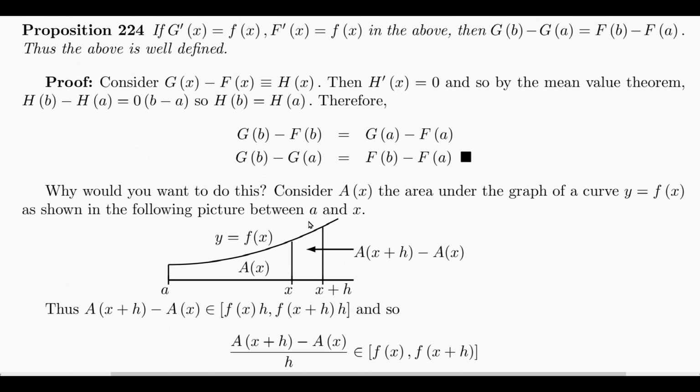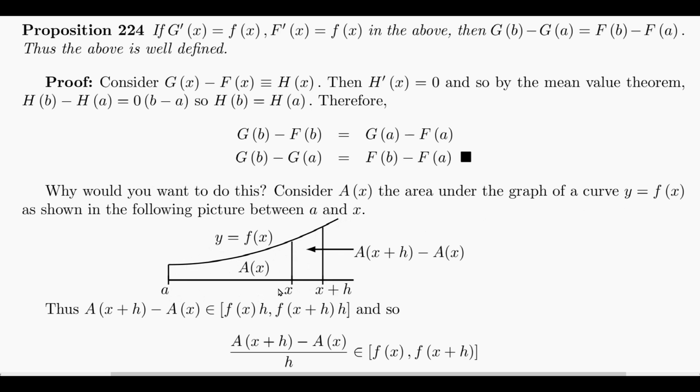Suppose A of x is the area under the graph of a non-negative function, f of x, which is continuous. So I have the graph of the function here, and A of x is the area between a and x underneath the graph of this function.